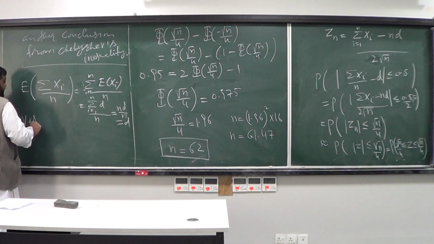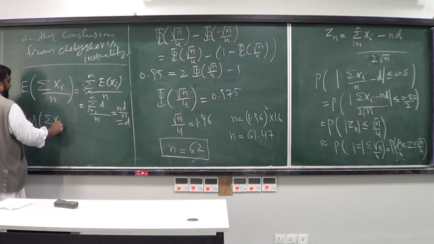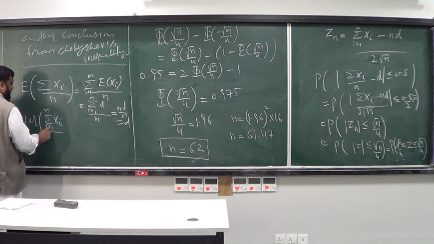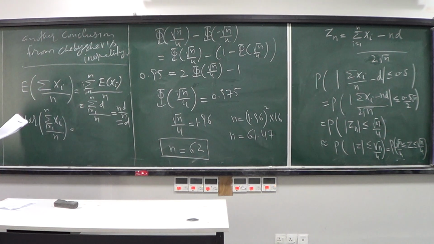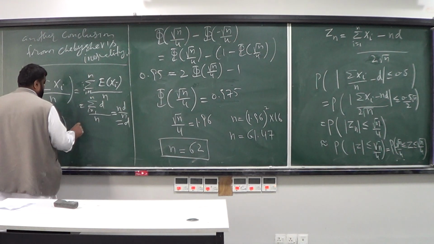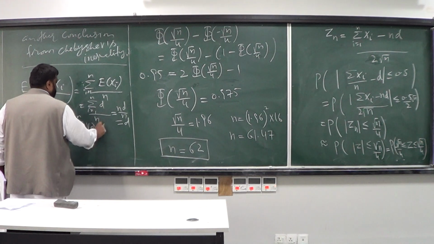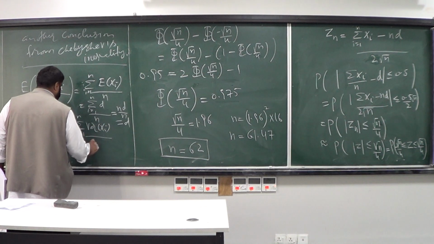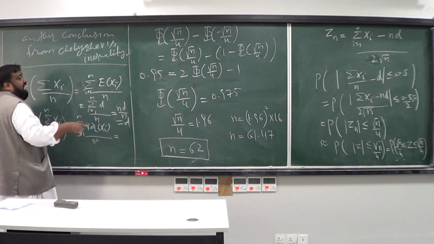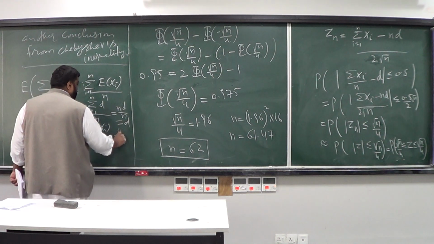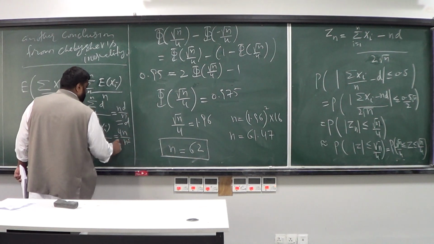The variance of the sum of xi from 1 to n divided by n is going to be the sum from i equal to 1 to n of the variance of xi, because they are independent, divided by n square. The variance of xi is 4 light years, so it's 4n divided by n square, which is 4 over n.